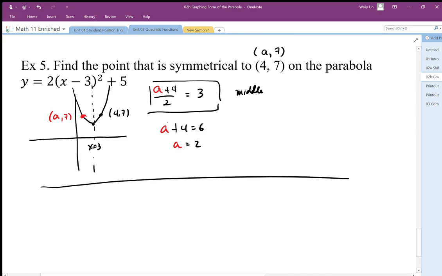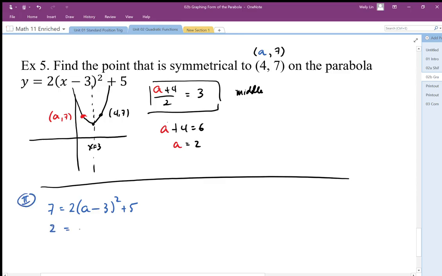Then we can plug that coordinate in. I'm just going to do this in green here. I'm going to say that A and 7 are on this graph. So y equals 7, x equals A, and then I can actually just solve this. So this is method 2.